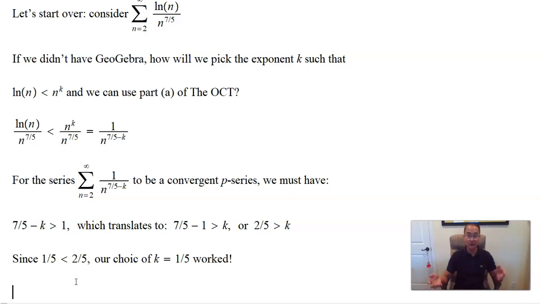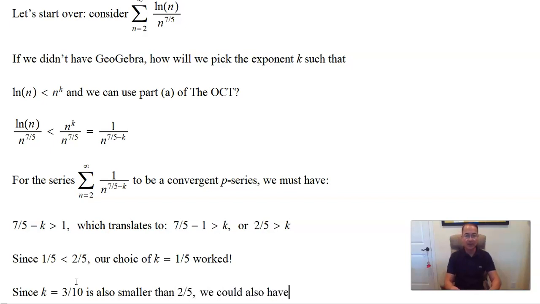It can't be 0; it better be positive. But 2/5 is 0.4, so how about 0.3? 0.3 is 3 over 10. Since k equals 3 over 10 is also smaller than 2/5, we could also have chosen 3/10 to finish the problem.